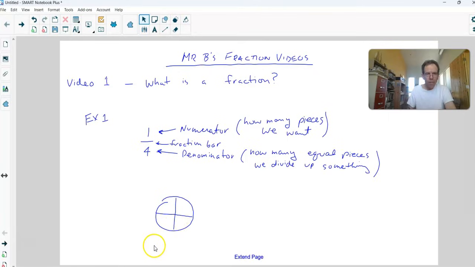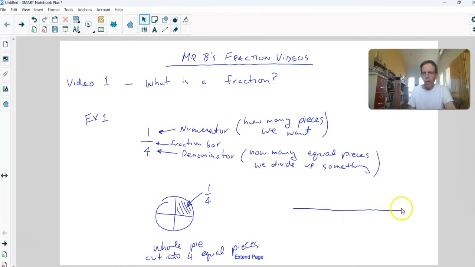And we take the whole pie and we cut into 4 equal pieces. 4 equal pieces. And we might even shade the one that we want, and that's 1/4.